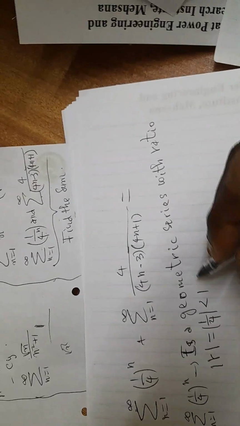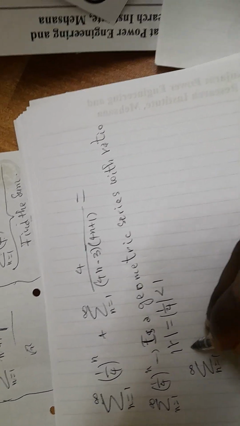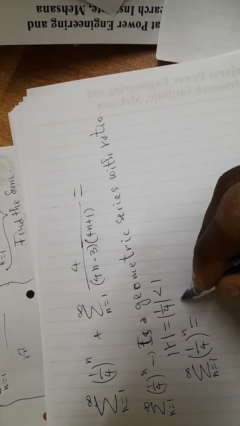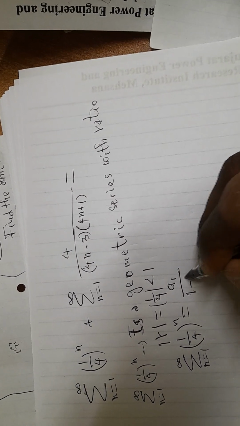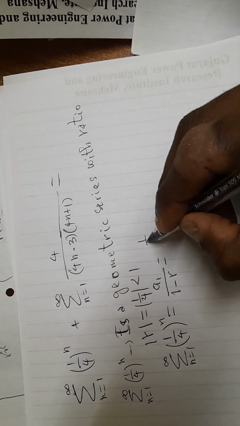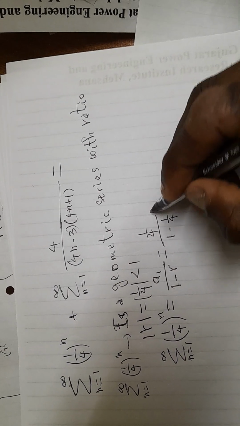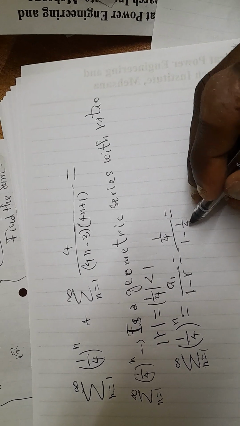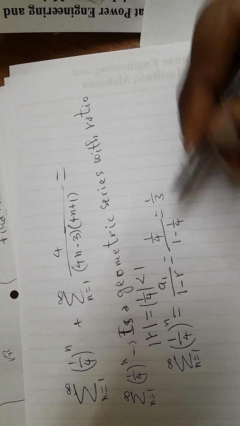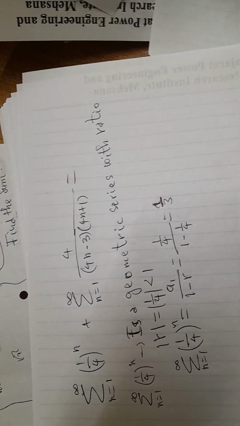That is less than 1. So the whole sum of 1/4 to the power n will be A1 upon 1 minus R. What is A1? Put here 1, you get 1/4. And here you get 1 minus 1/4. Just solve for this guy, you get 4 minus 3, it will be 1/3. This will be 1/3.